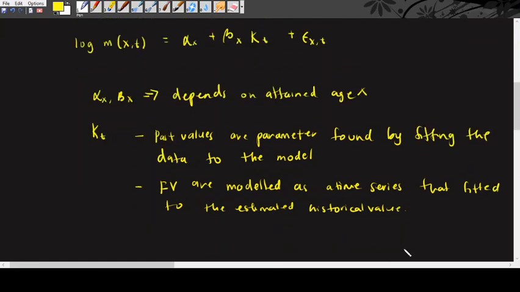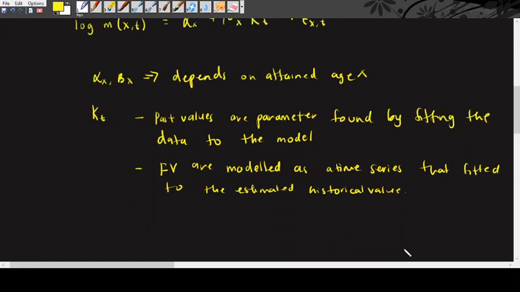You also have to know that this kt is not dependent on age. And the usual forecasting model is a random walk with a drift.